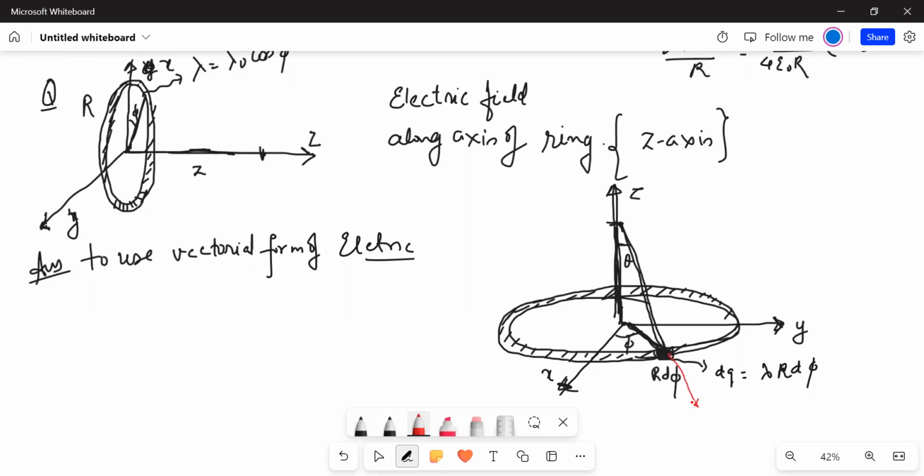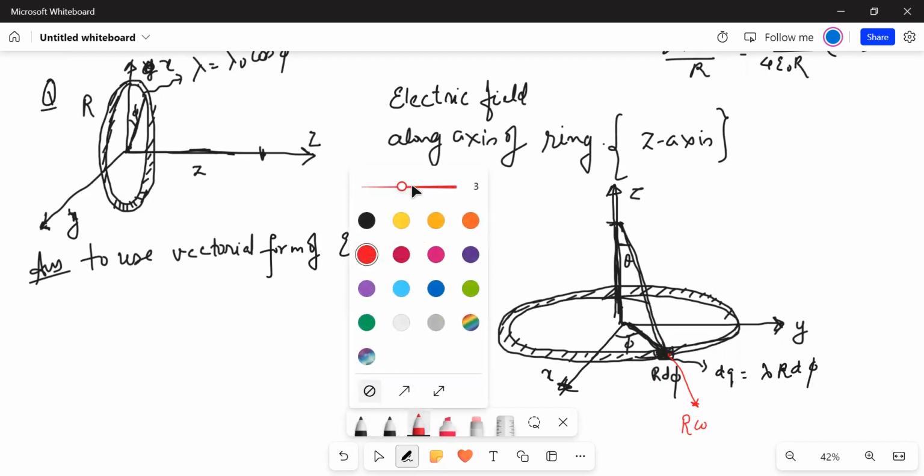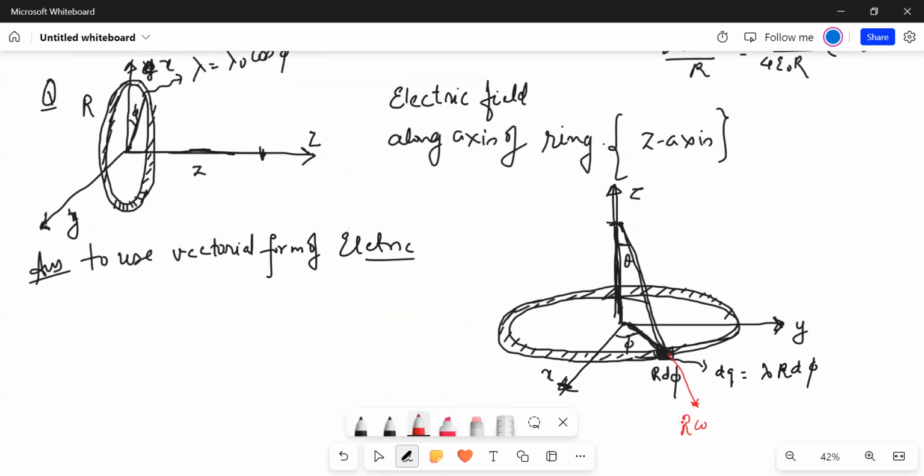Let's say it is on the xy coordinate, and see, this is r, so this will be r cos phi, comma, r sin phi. And let's say this point will be 0 comma 0 comma z.